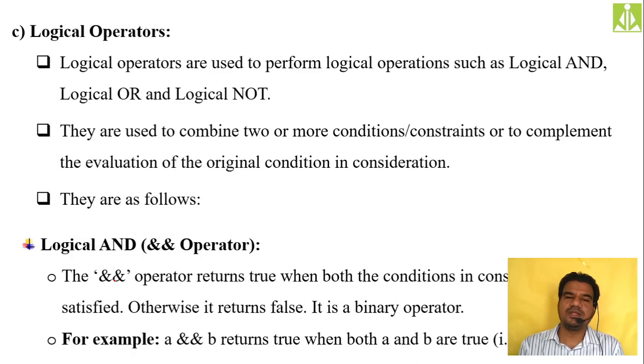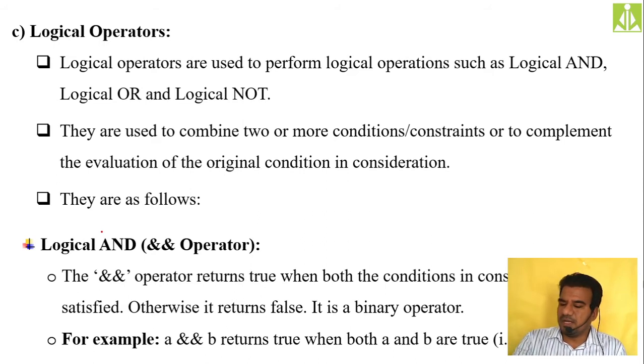The next one is the logical operator category. These logical operators are used to perform logical operations, and they are logical and, logical or, and logical not. Of these three operators, the first two are binary operators, and the last one is a unary operator.